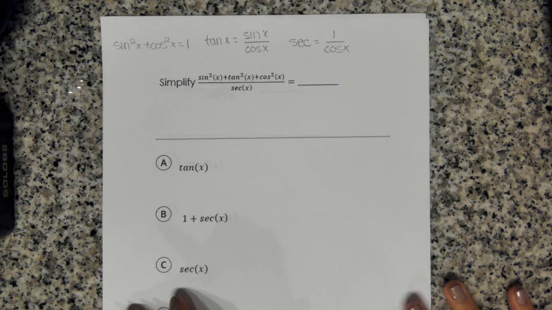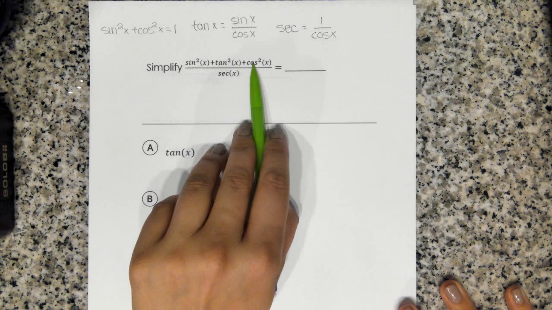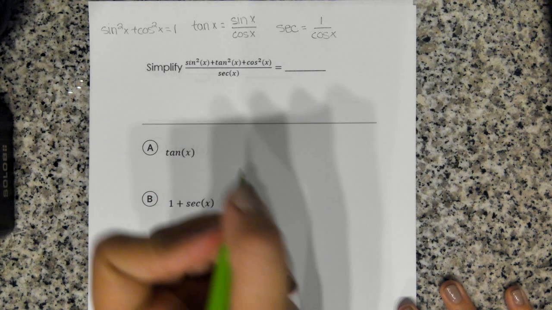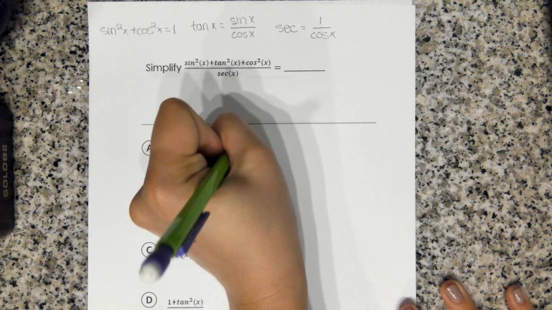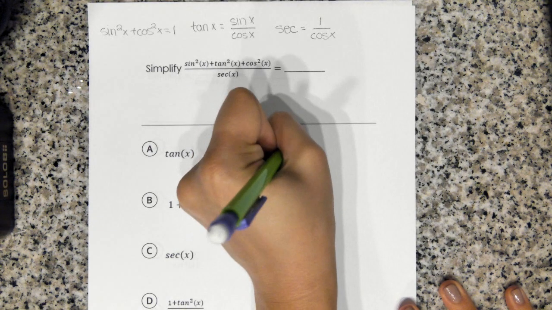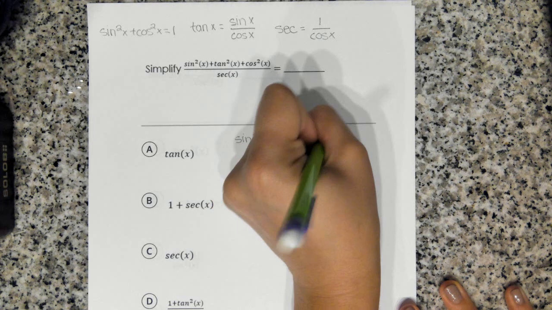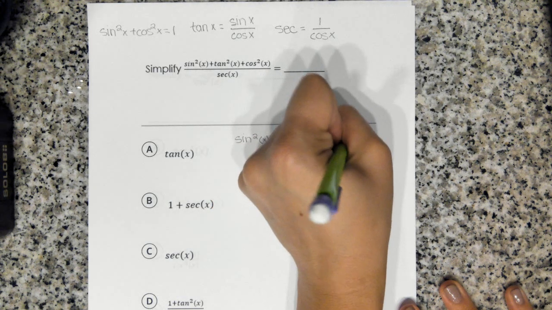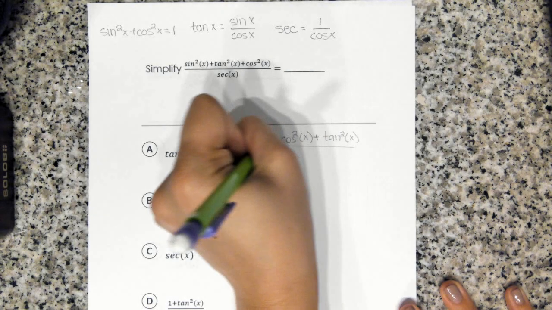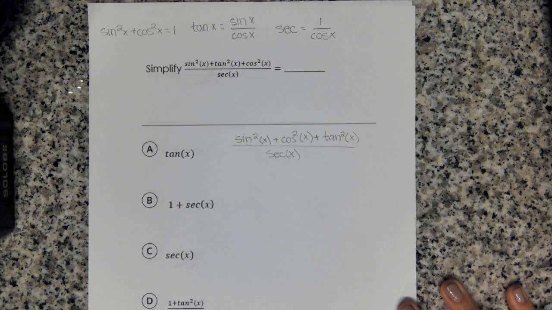So first things first, I am going to rewrite this so sine and cosine are right next to each other. So what that looks like is sine squared x plus cosine squared of x plus tangent squared of x divided by secant of x.